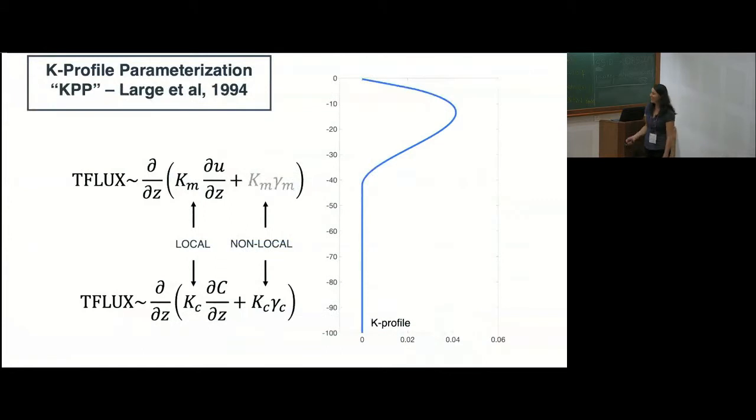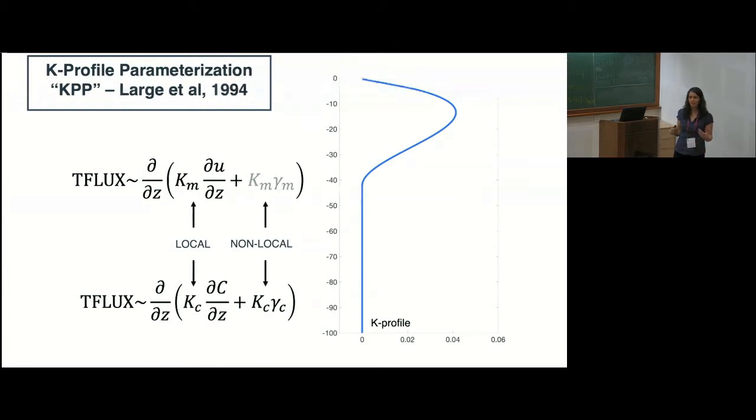The K-profile parameterization is another 1D mixed layer model that's widely used. This tends to be used in global circulation models or more complicated 3D models like the MIT GCM, and it also kind of treats the mixed layer in a bulk sense, and therefore it's very numerically efficient.